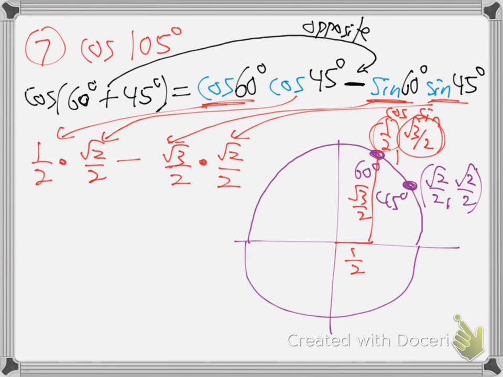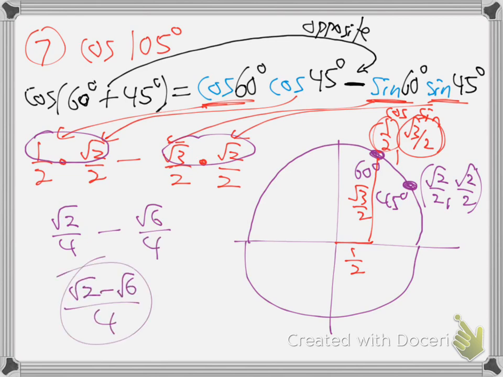Like so. We good? So then we multiply these two on the top. Root 2 over 4 minus, multiply these two on the top, root 6 over 4. That looks a lot like the other answers we got. There it is. We were able to get an exact answer for the cosine of 105, even though 105 is not one of our originals.